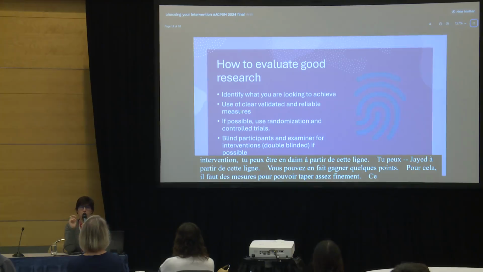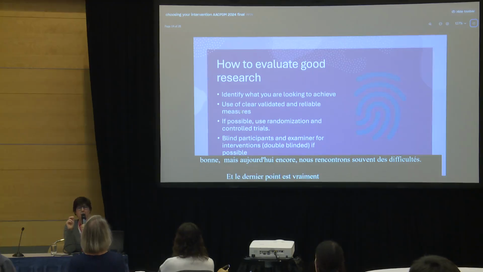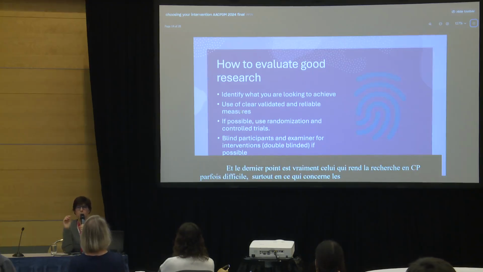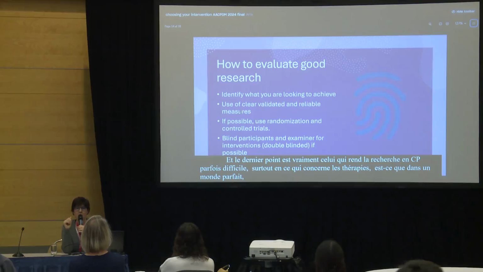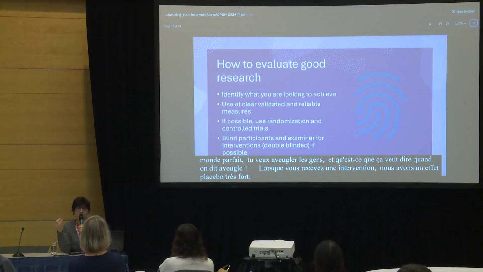And the last point is really the one that makes research in CP sometimes challenging, especially when it comes to therapies, is that in a perfect world, you want to blind people. And what does it mean when we say blind? When you get an intervention, we have a very strong placebo effect. We can heal people just by the wanting to be healed. That's great, and we sometimes take advantage of that.